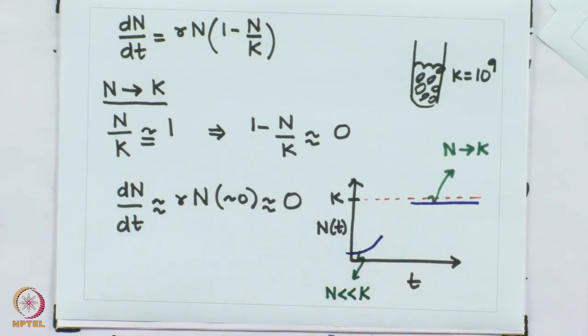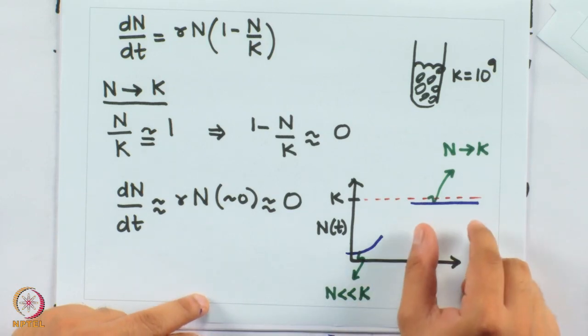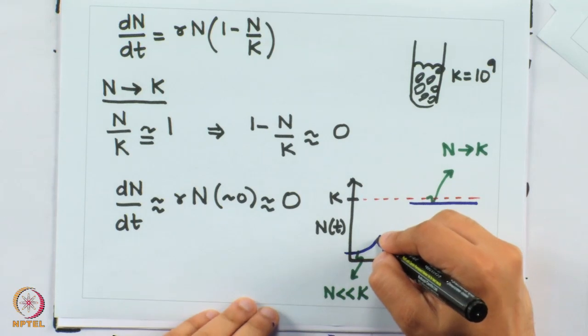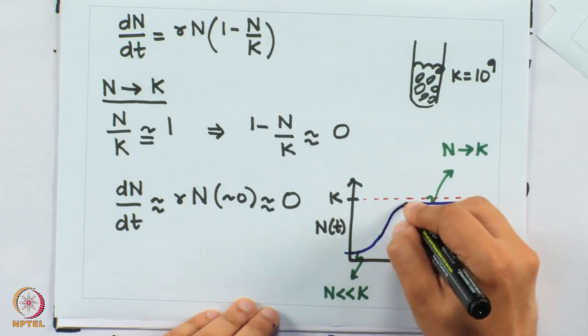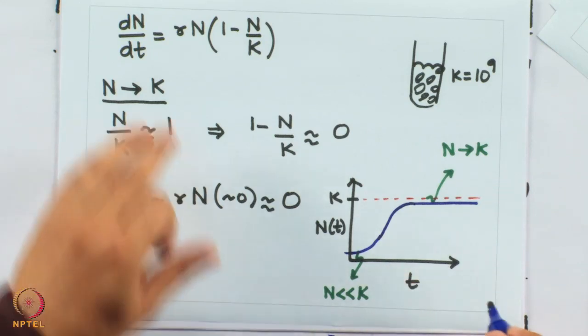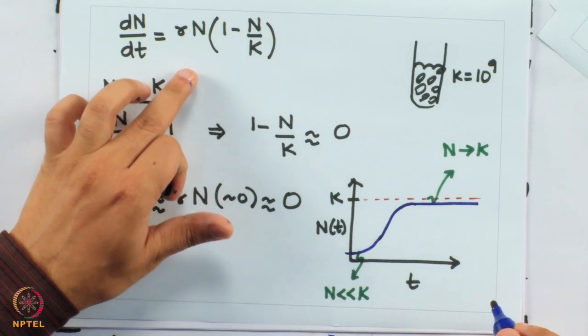So, we have these two approximate solutions for the two regimes, when N is much less than K and when N is approaching K. And what we want to do is solve this equation, and if we were to solve that, the analytical solution approaches something like this.